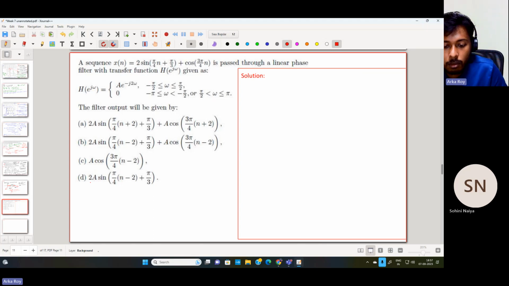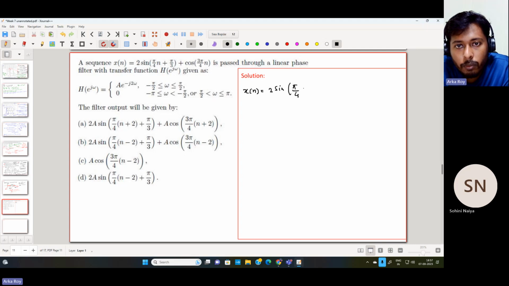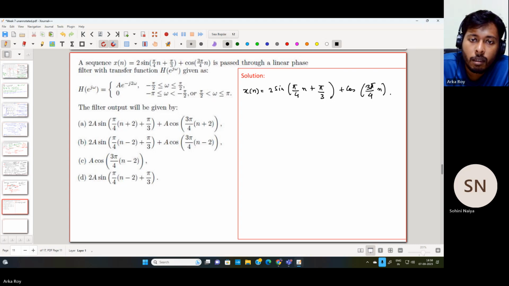Okay, so let's move to the last question for the week 6 quiz. The representation is given as x[n] is equal to 2 sin(pi by 4 n plus pi by 3) plus cos(3 pi by 4 n).